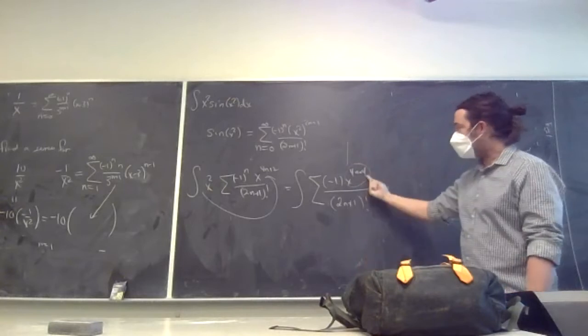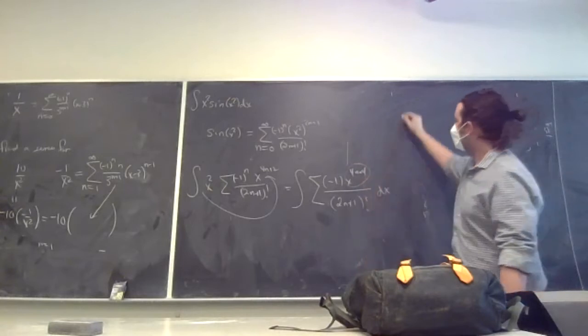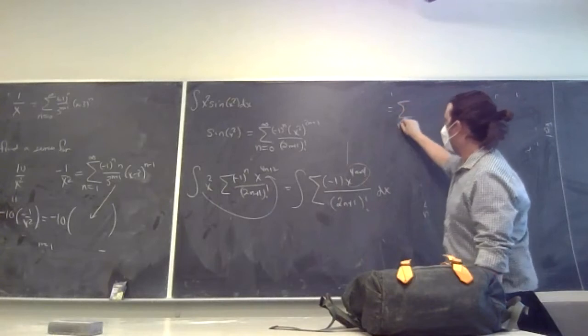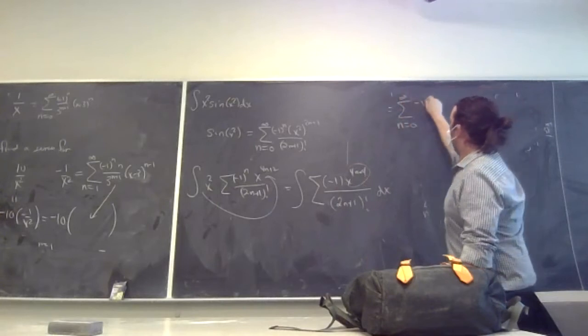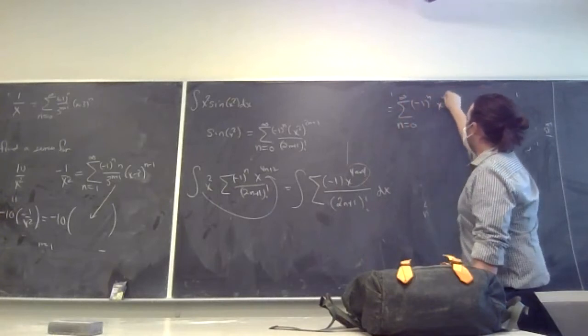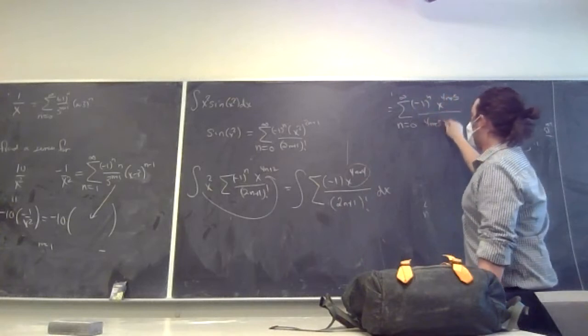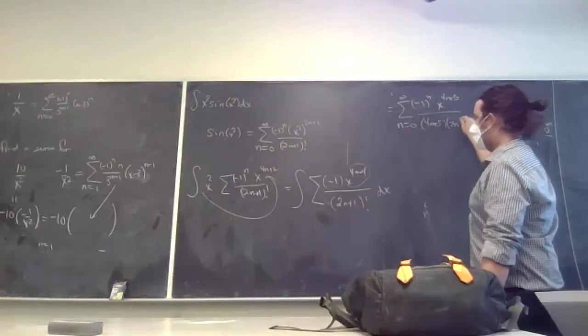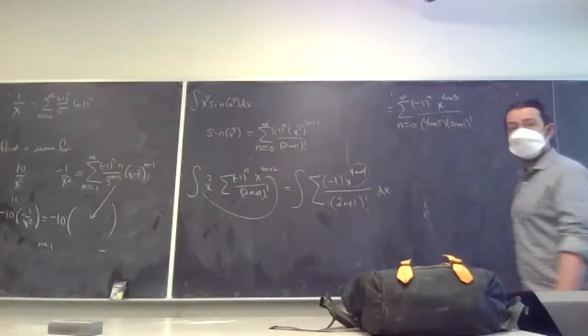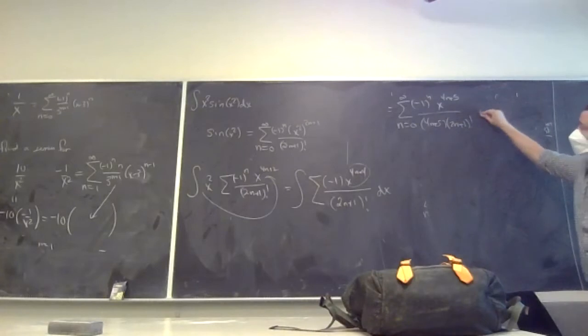So the power rule says add 1 to the power and divide by the new power. So this is just negative 1 to the n, x to the 4n plus 5 over 4n plus 5, then plus 1, plus c.